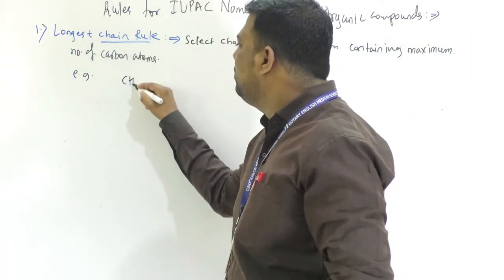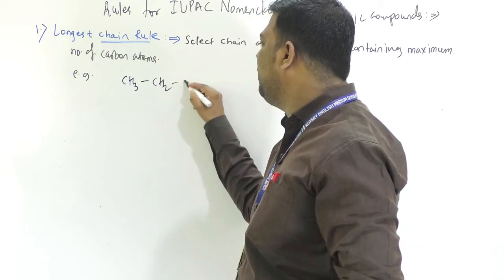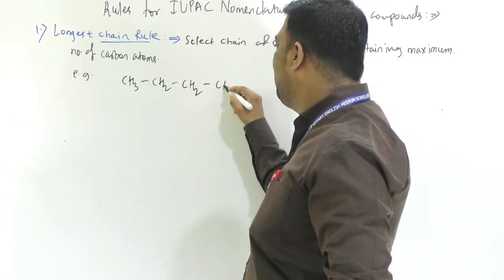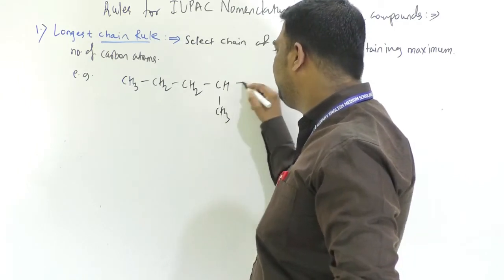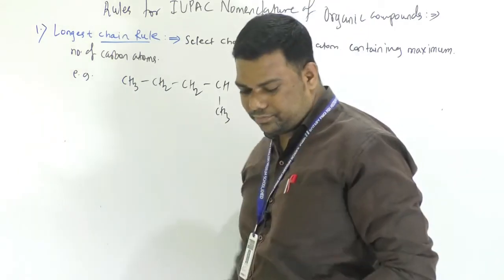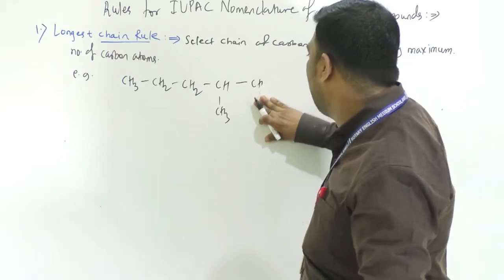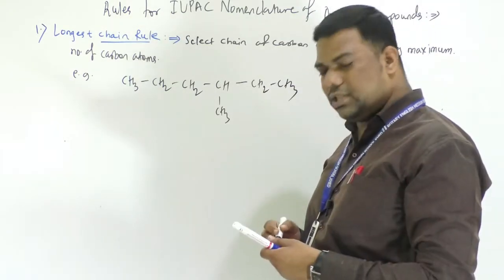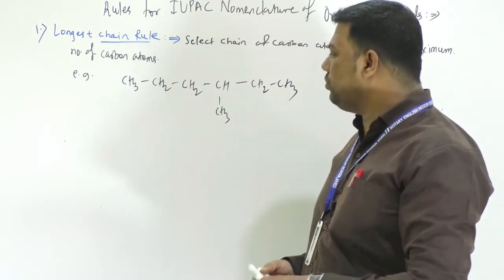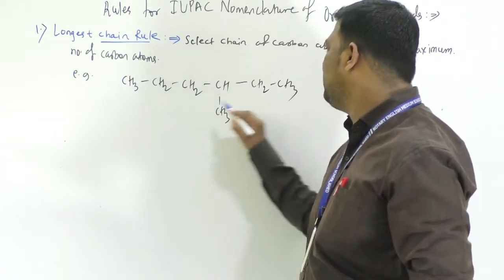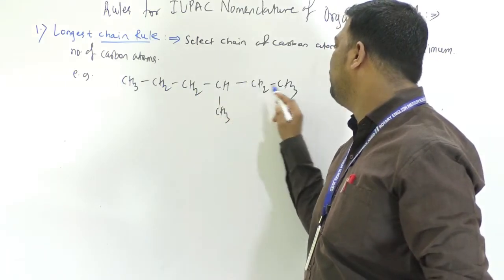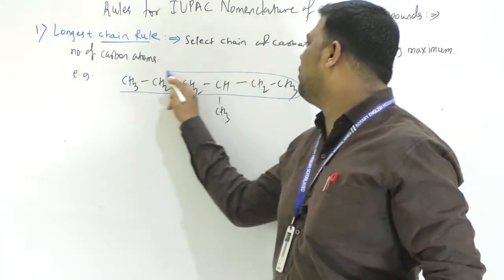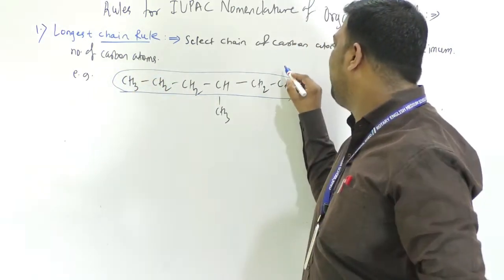So here we will discuss one of the important examples. Suppose CH2 and CH3. First you have to select the longest chain: 1, 2, 3, 4, 5, 6. You select this longest chain, then you have to start numbering.